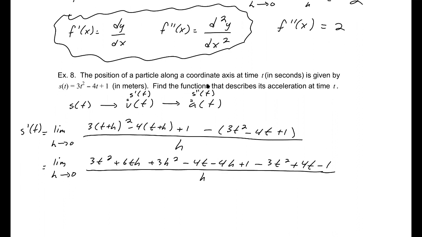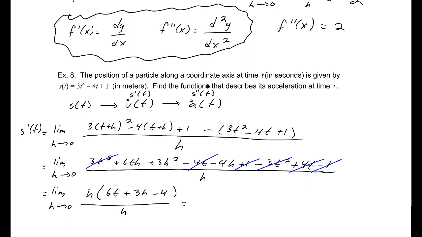All right, several terms cancel out as they should. 3t squared, the 4t term, the plus 1 minus 1, and we can go ahead and factor out an h. 6t plus 3h minus 4, over h. So that limit, as we evaluate h going to 0 and cancel those two h's, we get 6t minus 4. That is our velocity function.